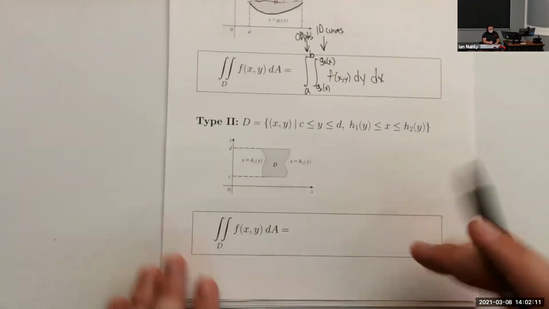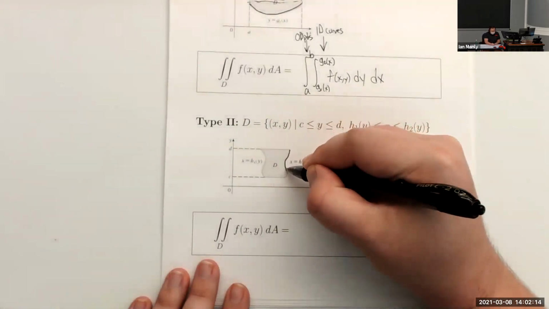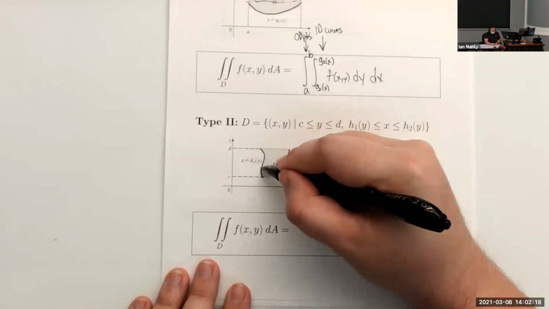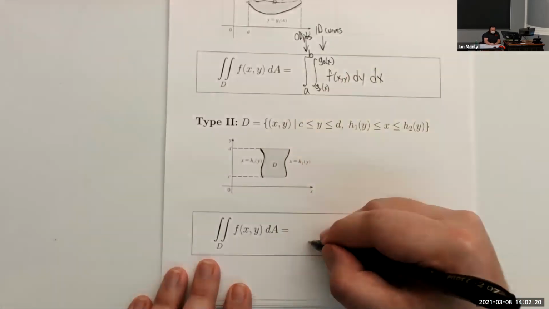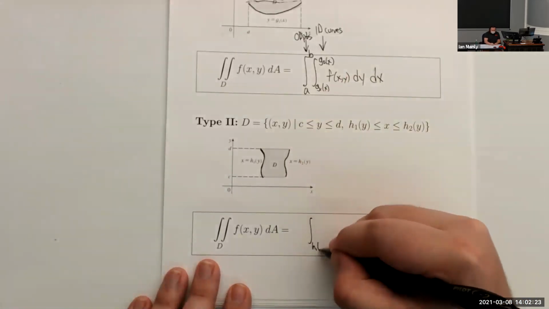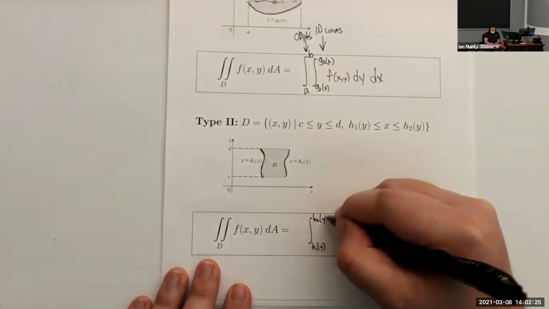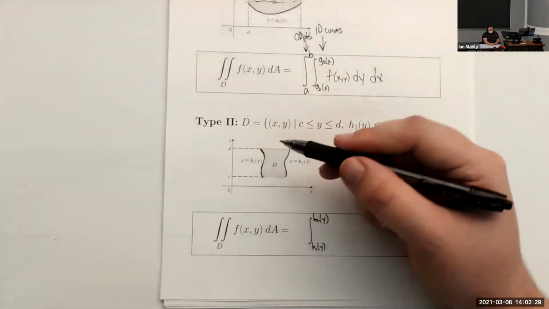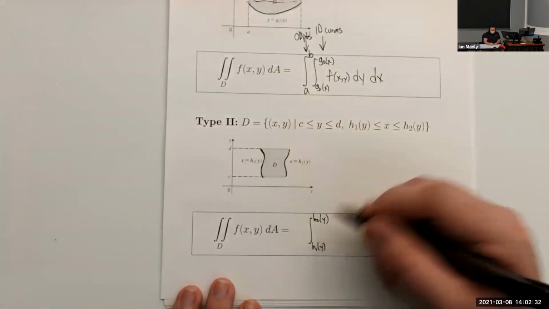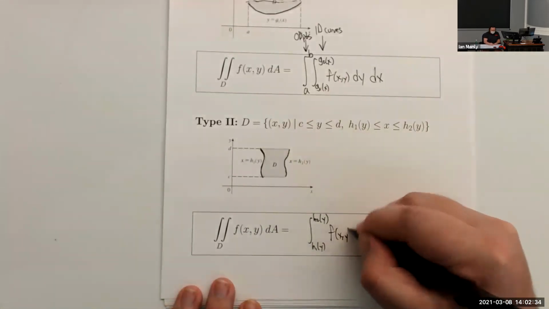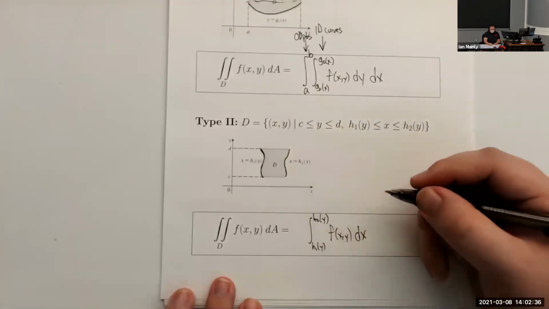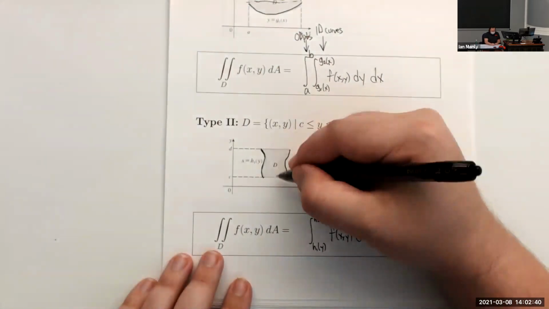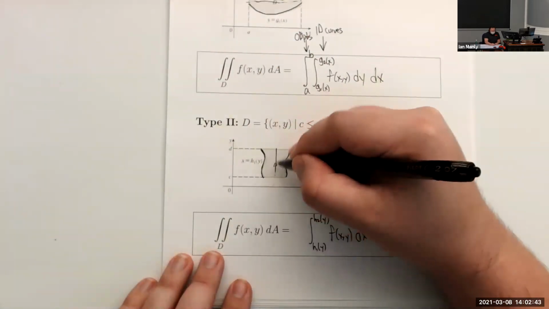So we could have our x bounds as these curves here, though this time they'd be a function of y instead. So we would first do the integral from h1 of y to h2 of y, where the left one counts as lower because those will have a lower x value. So we do h1 of y to h2 of y of f of x, y dx. And then we crush this dimension down into nothingness, and we just have a flat line.